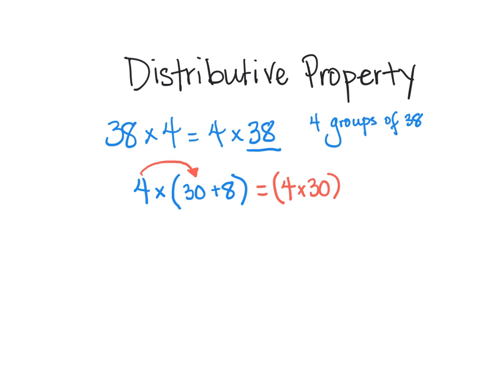Okay? Then I'm going to distribute my 4 to the 8. This is the thing you have to take notice of. This plus sign is all of a sudden going to come in between my 2 groups of parentheses.